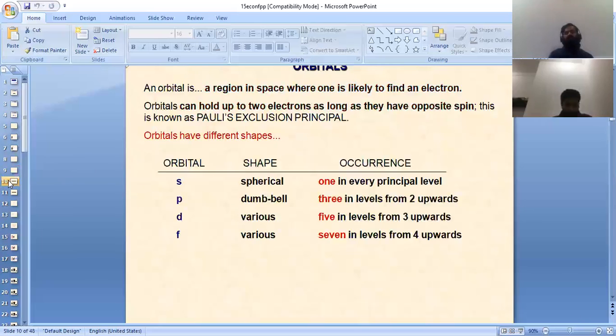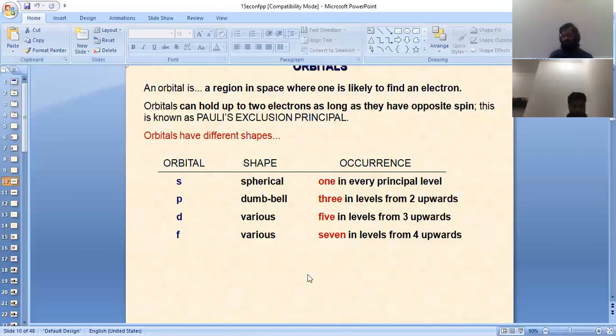So overall, they have assumed the shape of the orbitals. The S orbital they will say is spherical, and in every principal level it has only one S maximum.